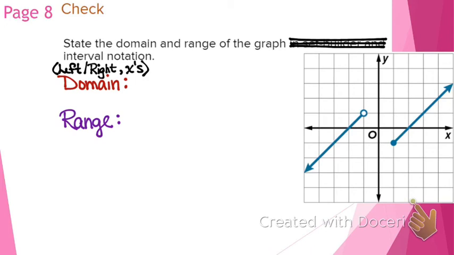For which piece? This part, since it's going down, it's going to be negative infinity. Are you doing domain or range? Domain. So we're going to read our number off the x-axis for domain. And since it's an open gap, there's going to be parentheses.